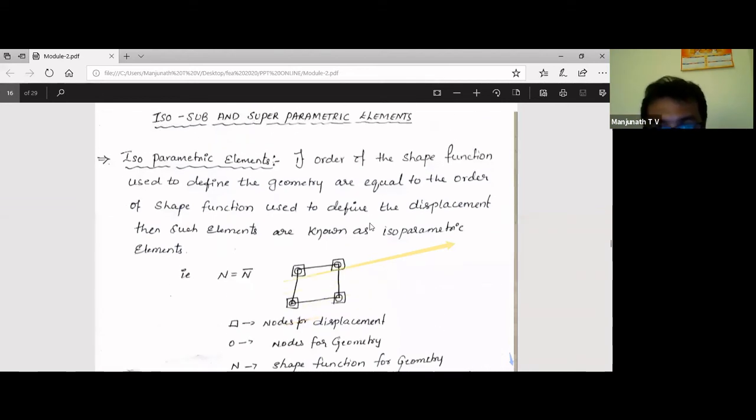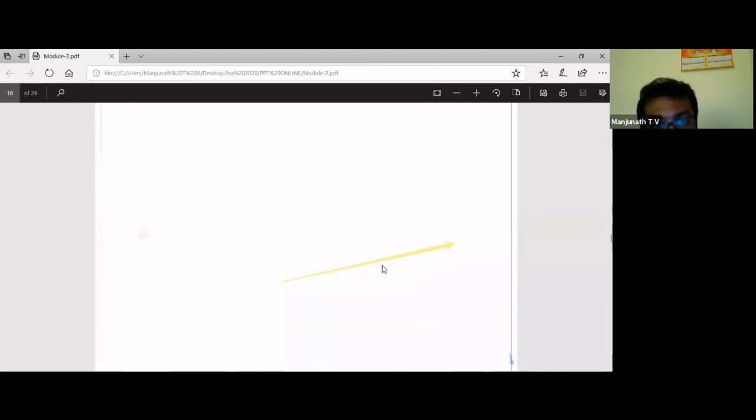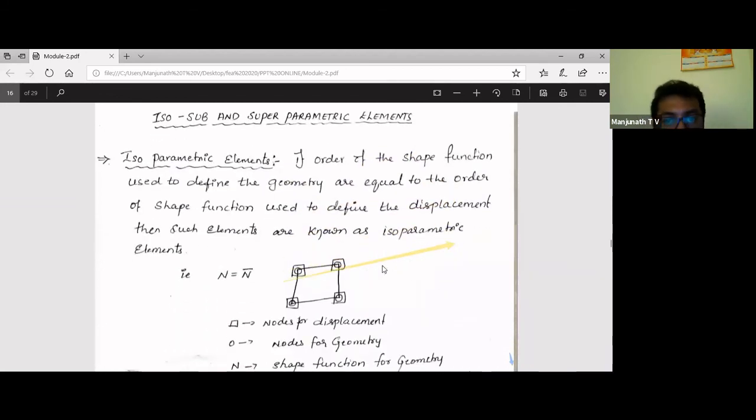At that particular geometry, at that node, we obtain the shape function, as we have done in the previous cases. At node number one and node number two we obtain the shape functions. If we obtain the shape functions at a particular node, that means for that geometry we have got the shape function.